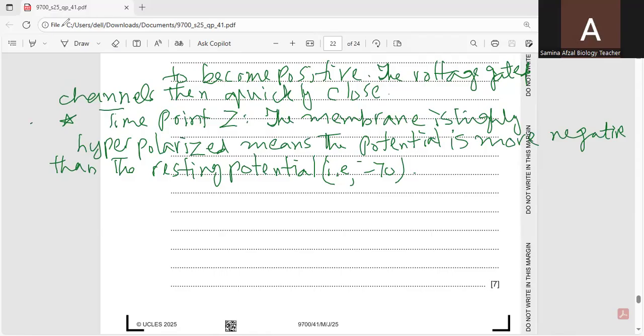The voltage gated channels will have opened, due to which it happens.